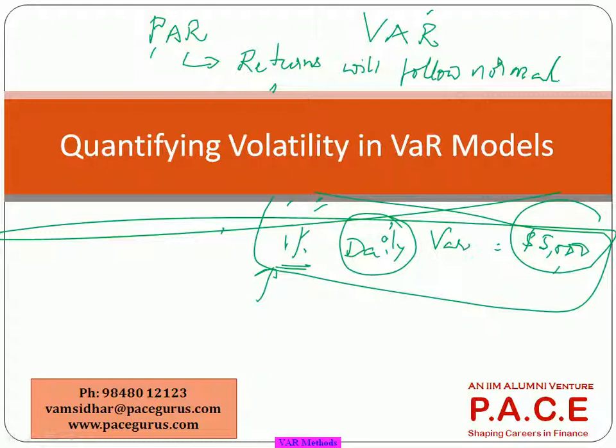Right? So here the cutoff point is 5,000 bucks, where the loss beyond 5,000, the chance is only 1%. So that is what we are calling a VAR, and we are trying to define the VAR in any of the investment process.